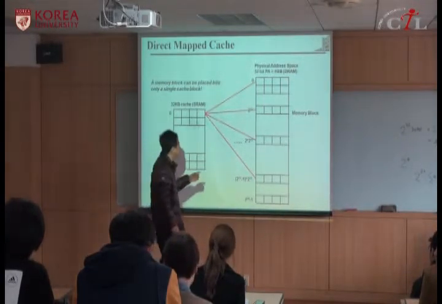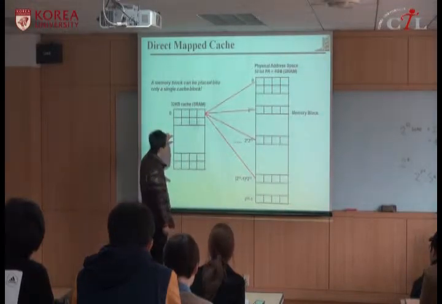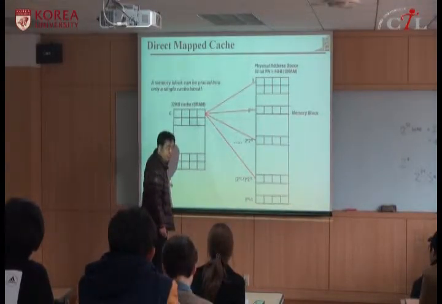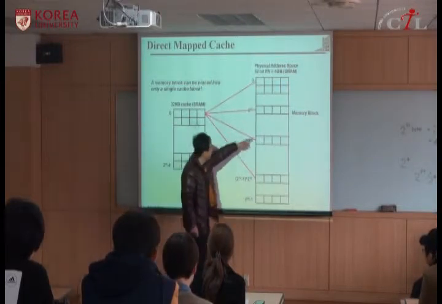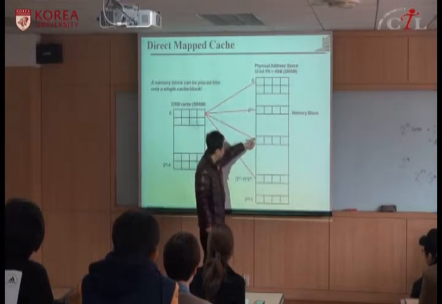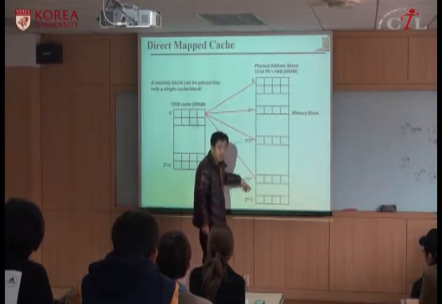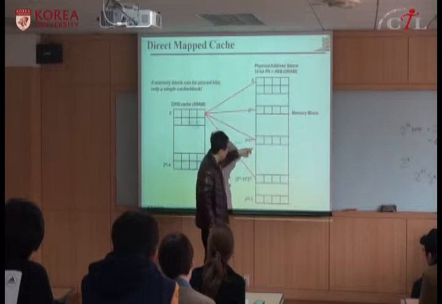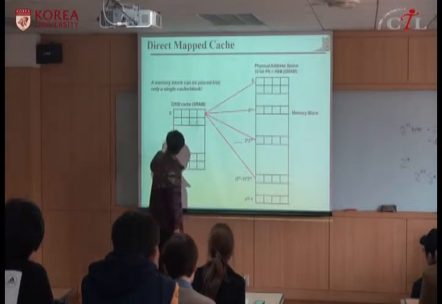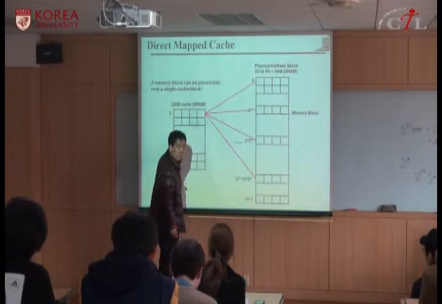So how do you identify which cache block you have to look up? Because there is only one location this can be placed in. There are 2048 blocks in the cache, right? So among 2048, you have to identify one, right?